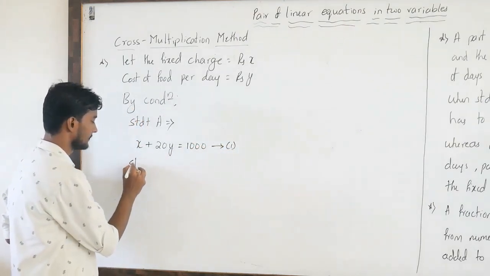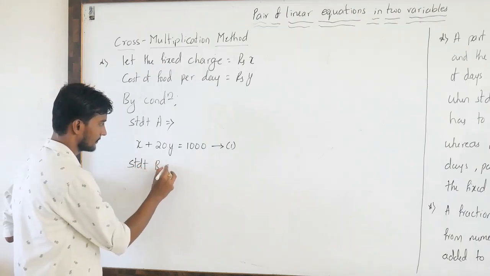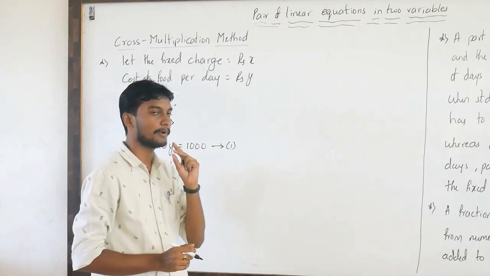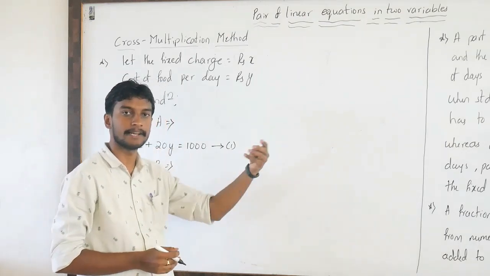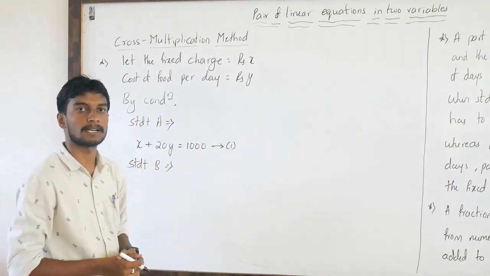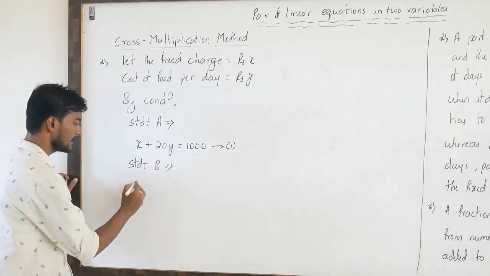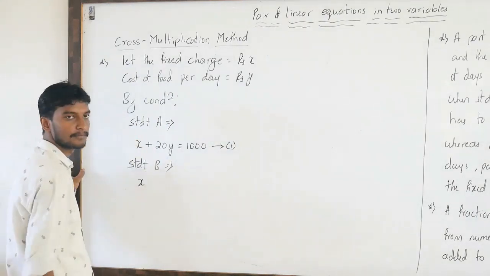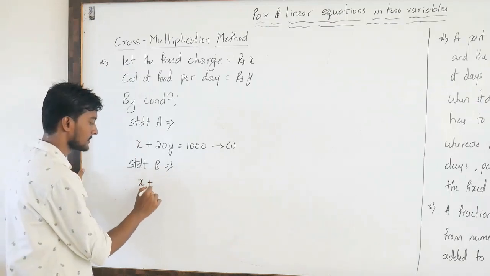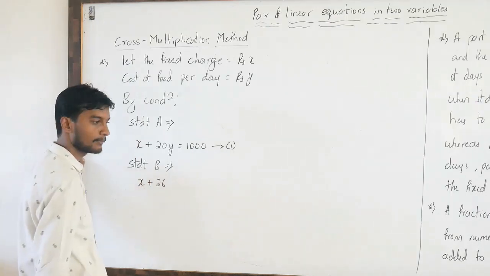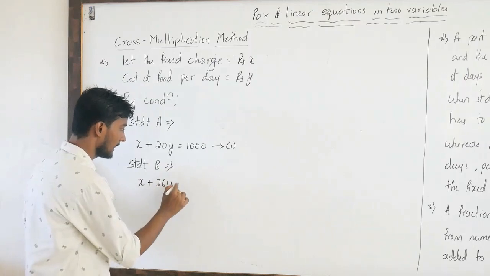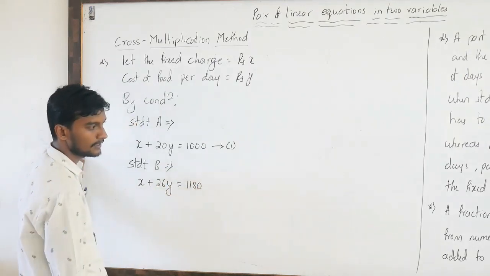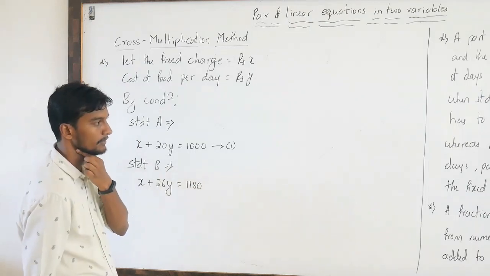Student B has taken food for 26 days and has paid 1180 rupees. So the fixed charge x plus 26 days of food, 26y, is equal to 1180 rupees.